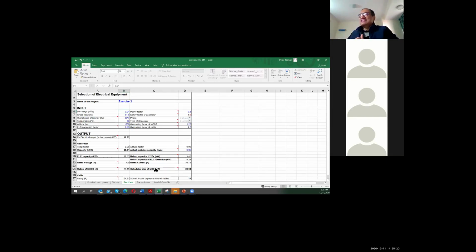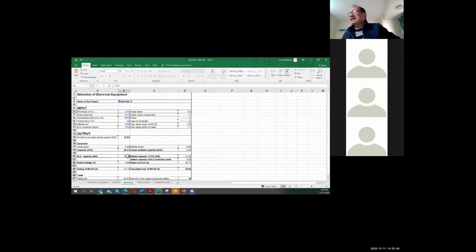Once you give the rated capacity and the generation discharge and pattern, they will come up with the type of generator also. If you look at the comments here, it gives you the equations that are used in micro hydro projects to get the voltage, the rating of the MCCB, the ELC capacity, and other factors.